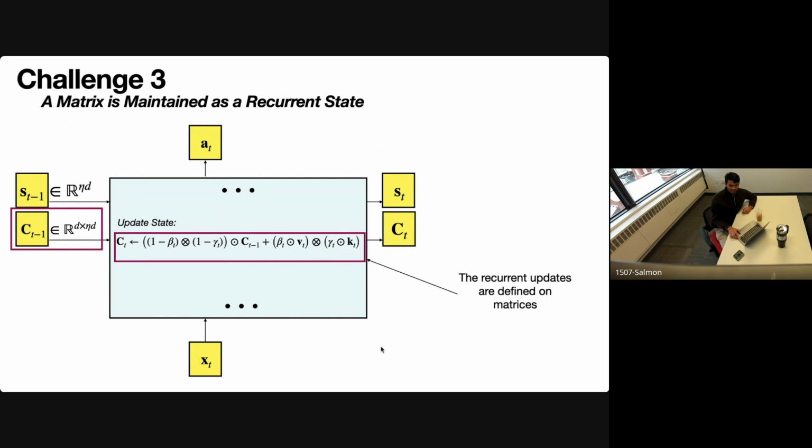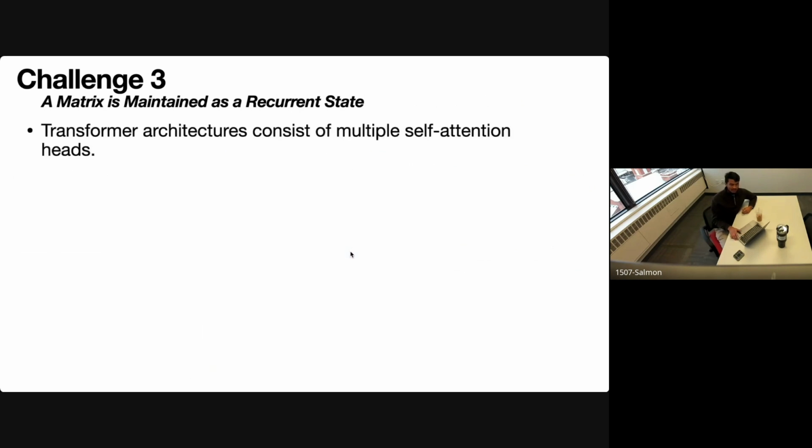And the challenge is that this operation is defined on matrices. This recurrent state update, C_t, at a given time step is using the previous recurrent state C_{t-1} plus some matrix that we calculate at the current time step. This is going to be a challenge because transformer architecture consists of multiple self-attention heads.